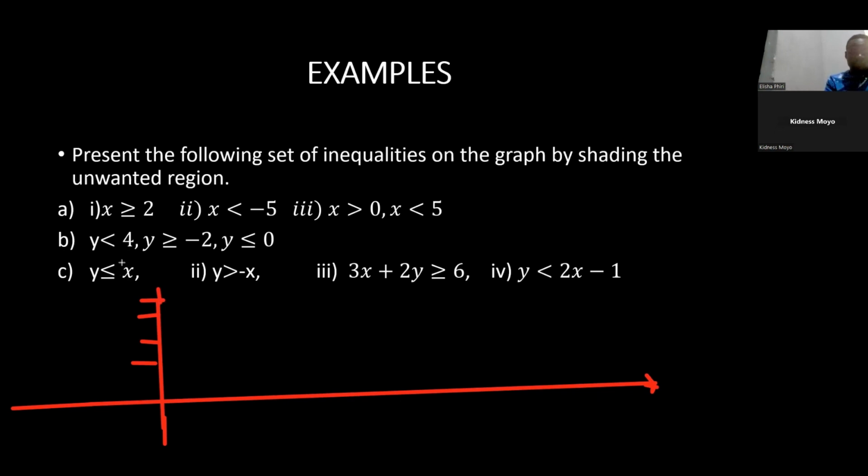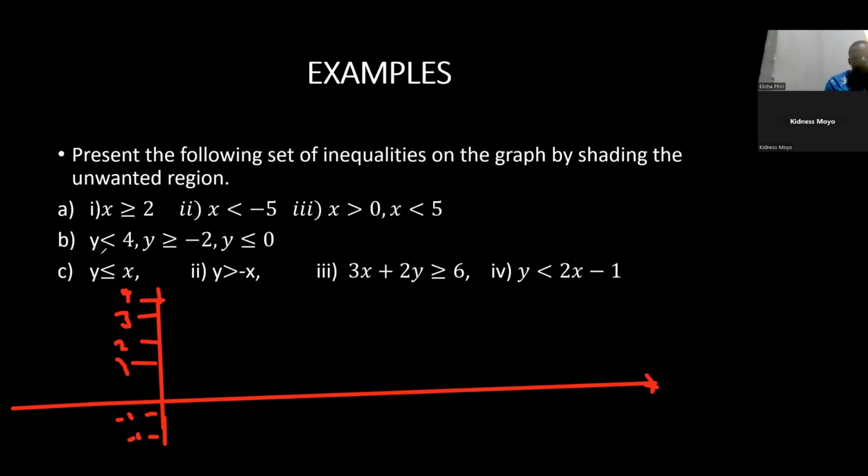Okay. So we have 1 here. We have a 1, a 2, a 3, and a 4 there. Then we have -1 and -2 here. So with that in place, we'll now check out the inequalities that we have.